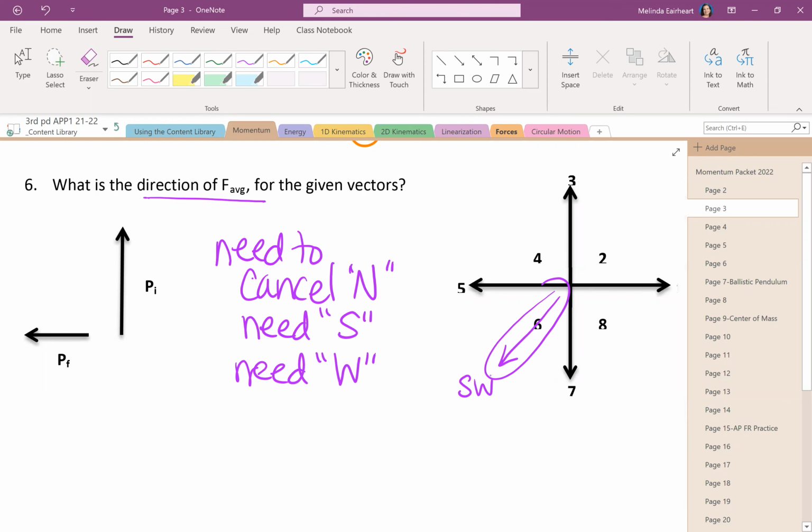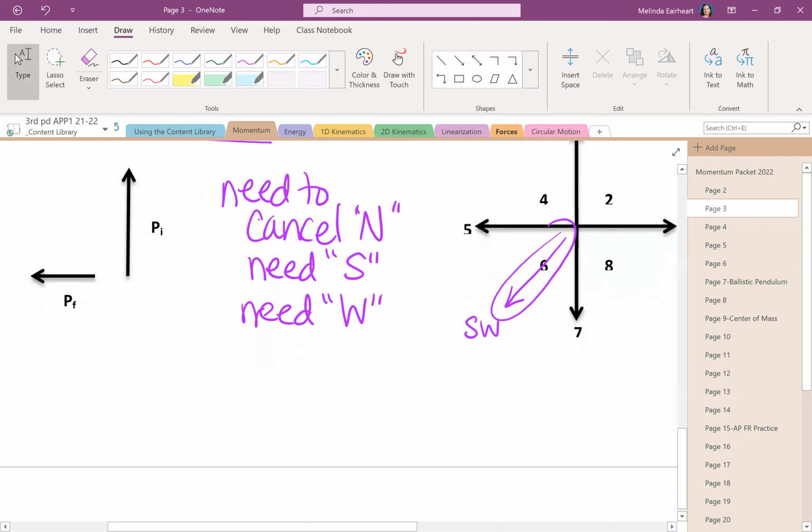Now, if it's not processing to you, let's do vector tip to tail method. Y'all remember vector addition? And so we're going to start out with that initial momentum direction. Now, we didn't really do it like what I'm about to do, but what would the next vector need to be? What would our change in momentum vector need to be?